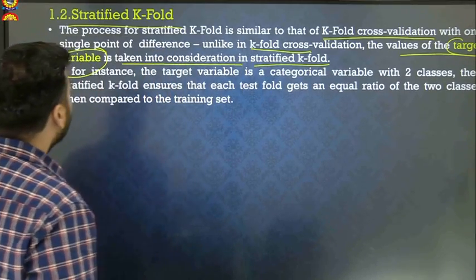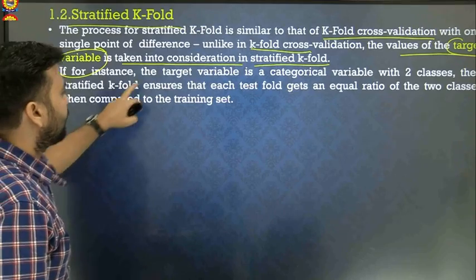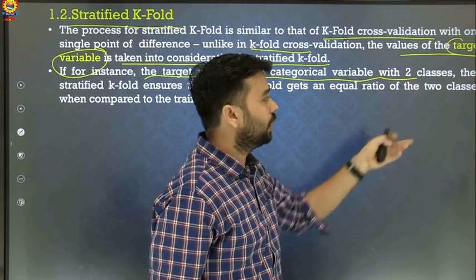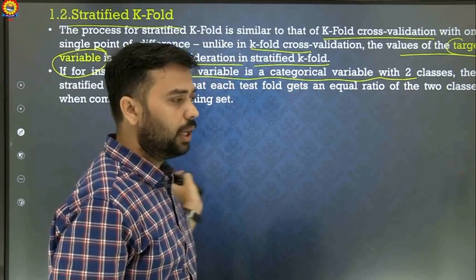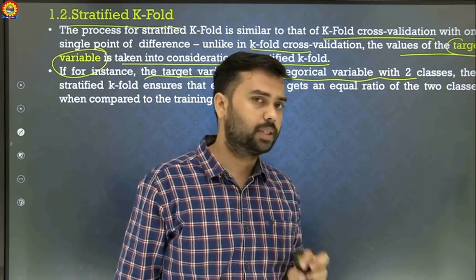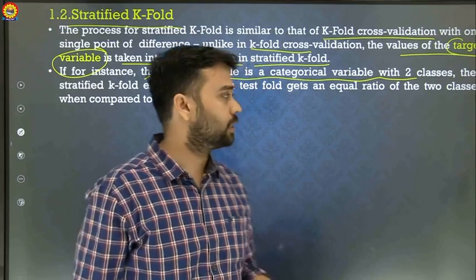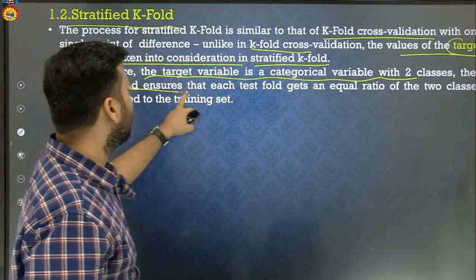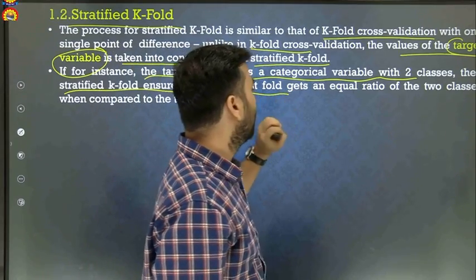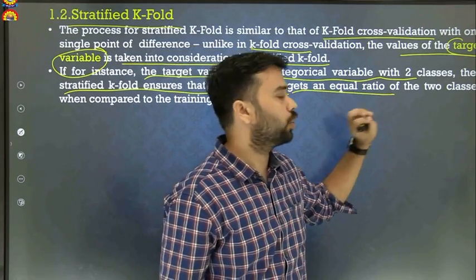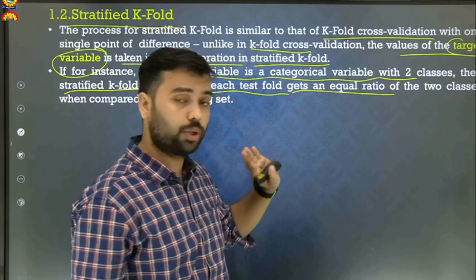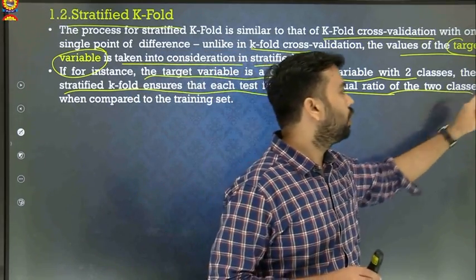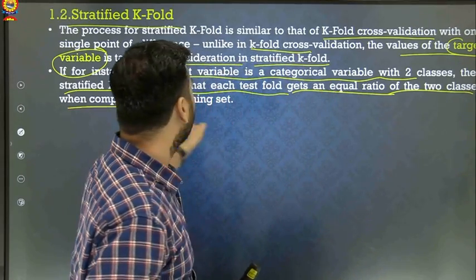Then, for instance, if the target variable is a categorical variable with two classes, as in our example, there are two classes, one male and another female, with some percentage. With two classes, stratified k-fold ensures that each test fold gets the same ratio of the two target classes as given, compared to the training set.